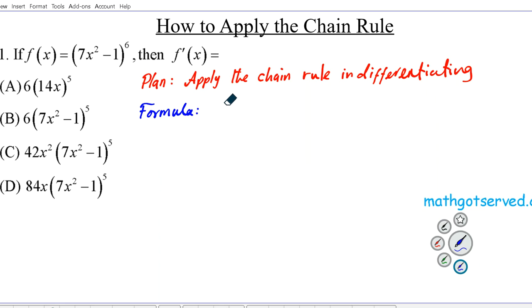Let's take a look at what the chain rule formula is. If you have a composite function f composed with g of x, and you want to find the derivative of this composite function, it is basically the derivative of the outer function f evaluated at the inner function times the derivative of the inner function.